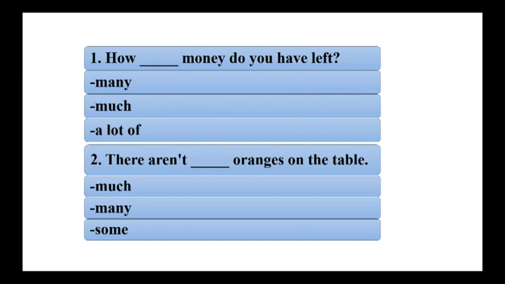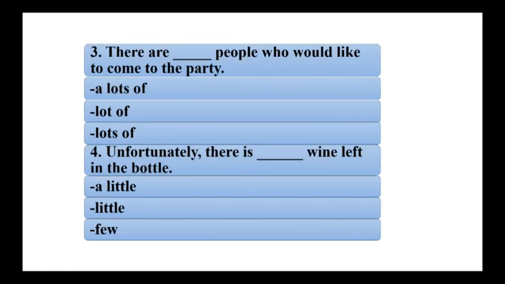Zašto ne može some? Zato što u odričnoj rečenici bi trebalo da bude any, a ne some. Zašto ne može much? Zato što su oranges brojive, a much ide sa nebrojivim imenicama. Tačka kraj. Ostaje nam samo many. There are a lots of, odmah otpada, ne postoji. Lot of, tu nedostaje a. Lots of, evo već imate rešenje, ali hajde da pogledamo.